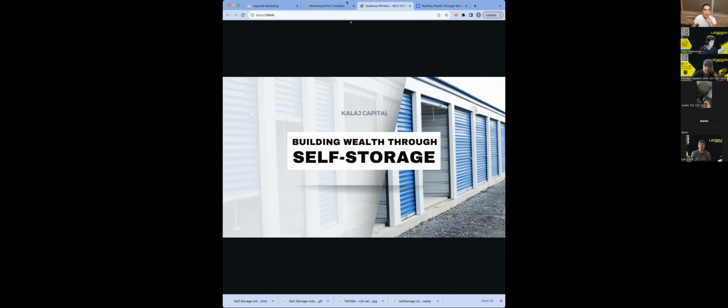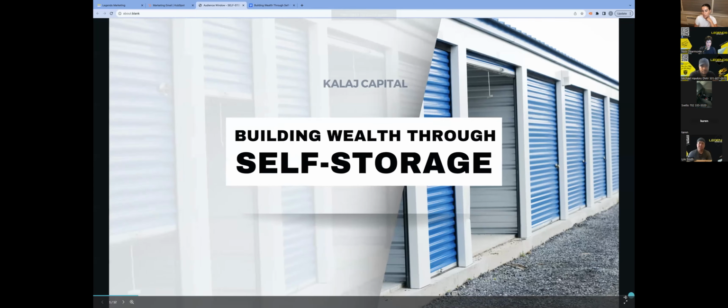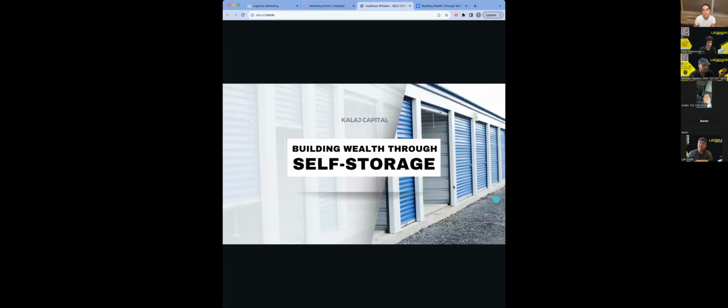Let me see. Sorry guys. If you hit the present button, there's present full screen and then presenter view. So I think I'm in presenter view, but presenter view will have the notes on the right side, I think.